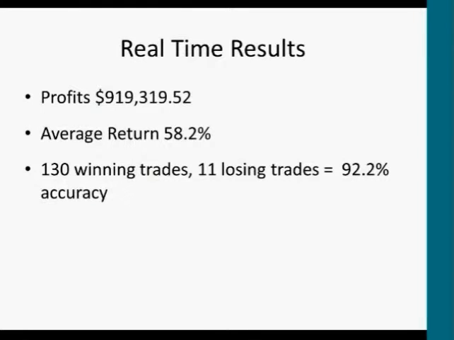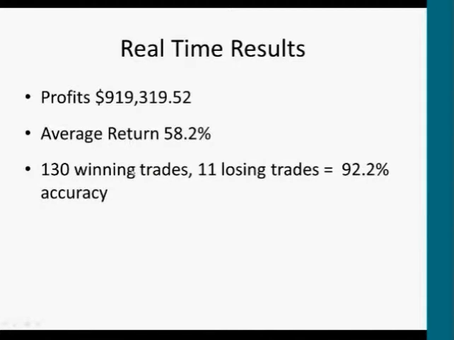I'm just going to go through some of my real-time results here real quick. These brokerage account profit-loss statements show these are all spread trades. It shows profits of $919,000. The average return was 58.2%.